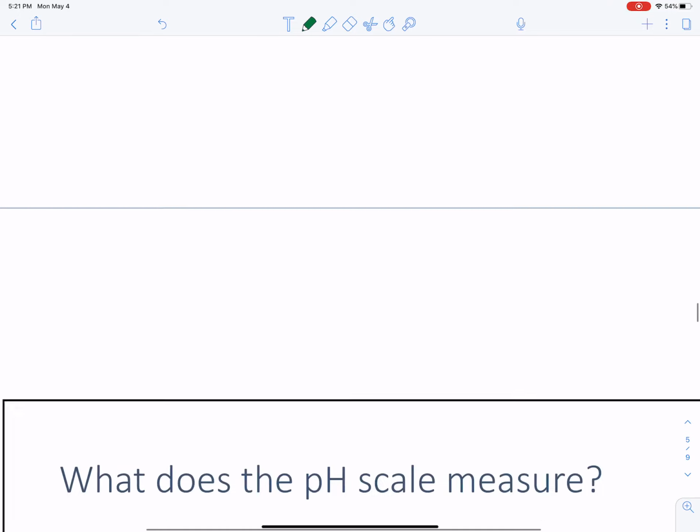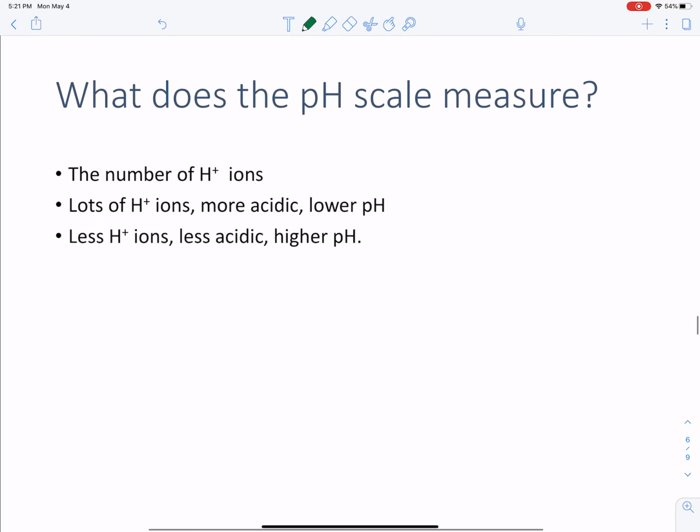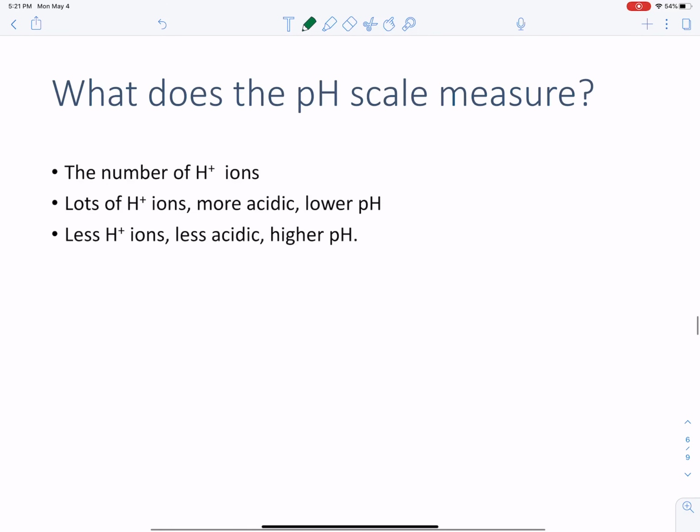In looking at pH, it actually measures the number of the H plus ions, these hydrogen ions. Lots of hydrogen ions means more acidic, lower pH. Less means less acidic and a higher pH.